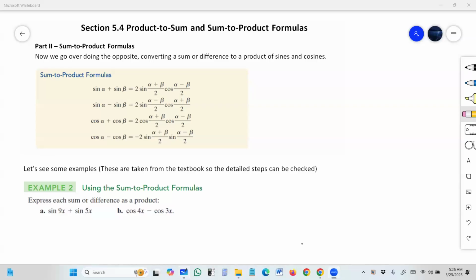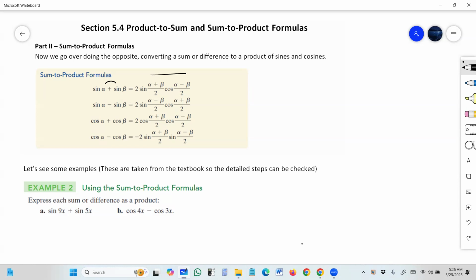Hi, hello everybody. This is the video dealing with section 5.4, product to sum and sum to product formulas. This is the second part of section 5.4, where we go from the sum expression to a product. This is the reverse from before.